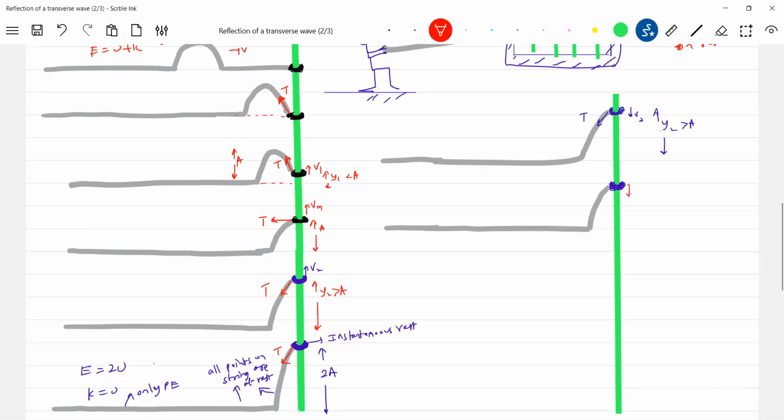This will have speed, the displacement will be amplitude, and the tension will be like this.